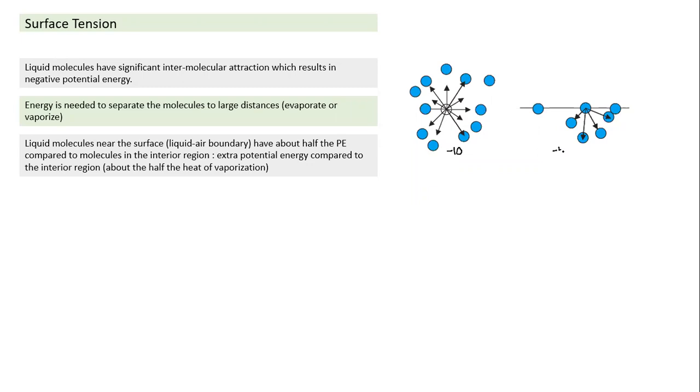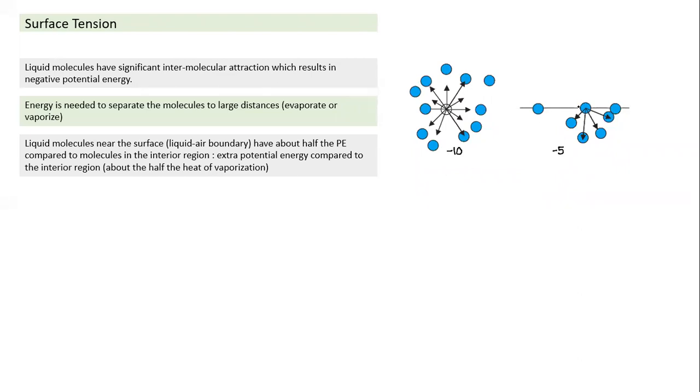It will have half the potential energy a molecule would have had in the interior region. So which of the two has a higher potential energy? This is a lesser negative value, so this has higher energy compared to a molecule inside. So they possess an extra amount of energy. All molecules which are near the surface have extra energy compared to molecules inside.